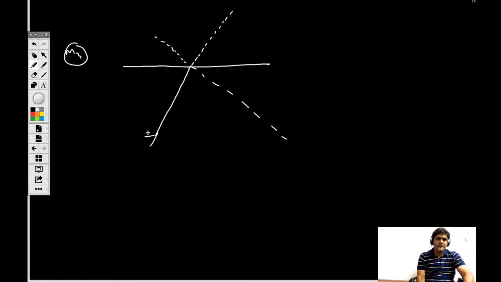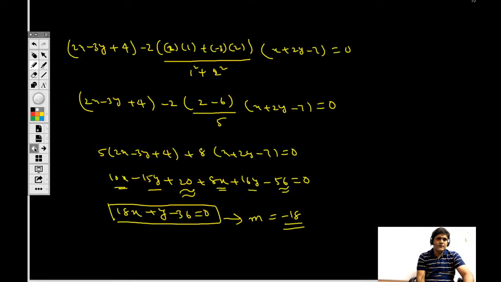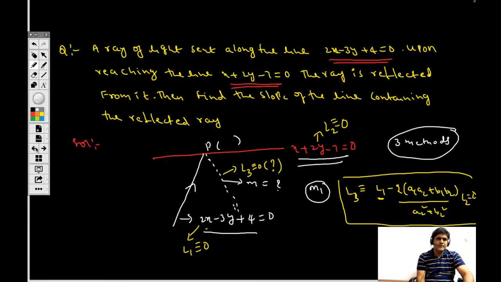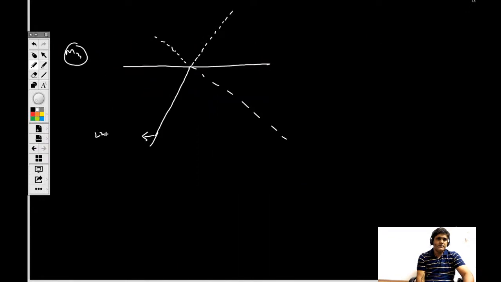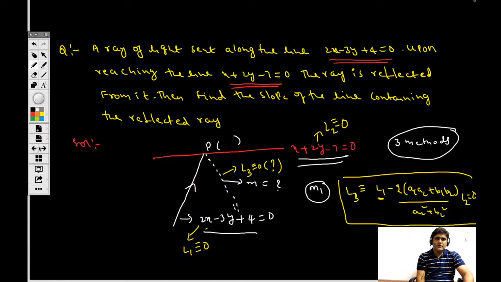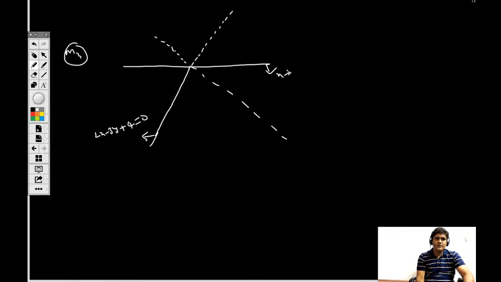The incident ray is 2x minus 3y plus 4 equals 0. And the mirror is x plus 2y minus 7 equals 0.